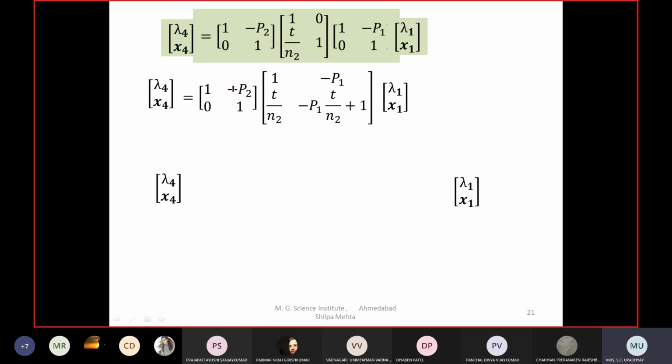So this is our first row, first column. 1 is multiplied with 1, minus P2 is multiplied with T upon N2. So 1 minus T P2 upon N2.